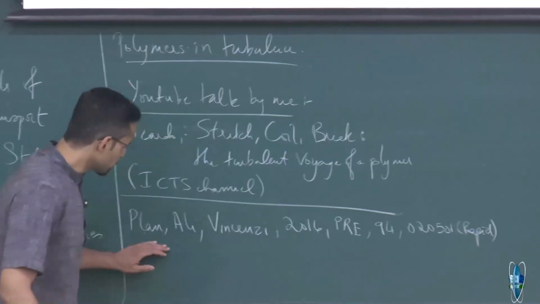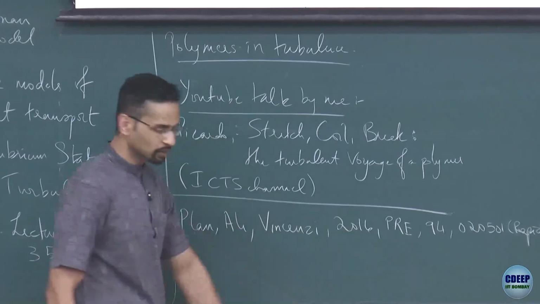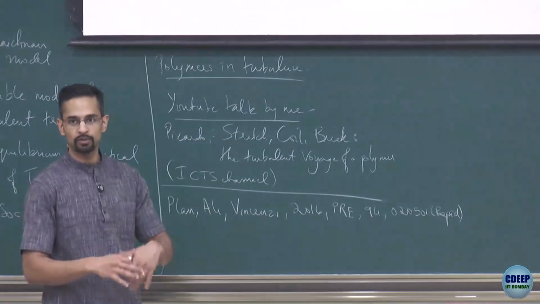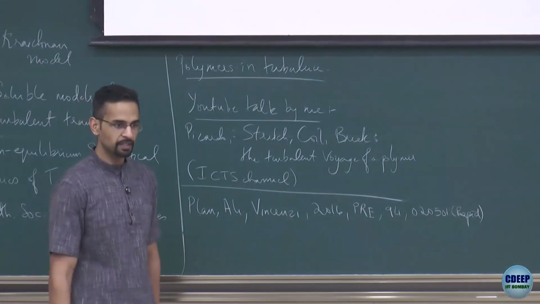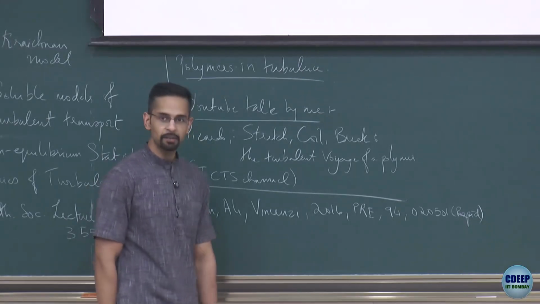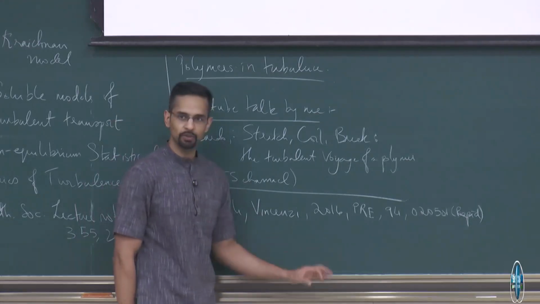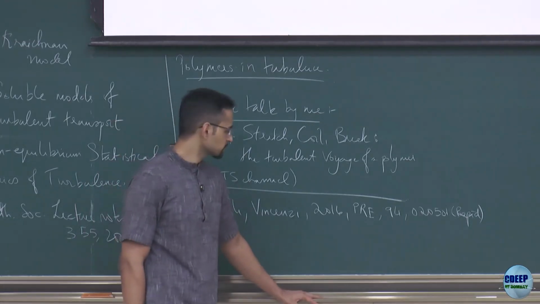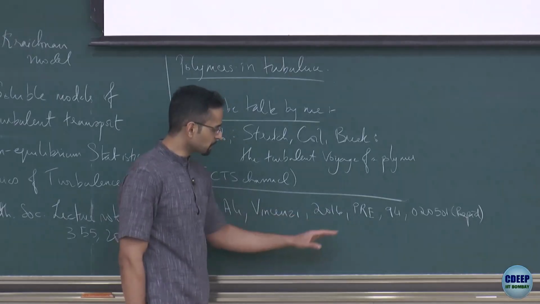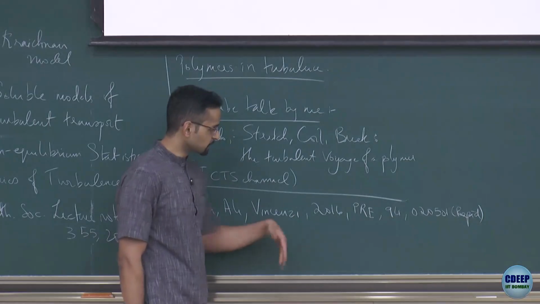Okay, so there is this paper by Plan, Ali and Vincenzi, 2016 in PRE, which shows how you can generally use the Kraichnan model to study the deformation of a hierarchy of different kinds of objects, which can be modeled by bead-rod kind of models. So that can include polymers, but also more complicated stretchable objects.